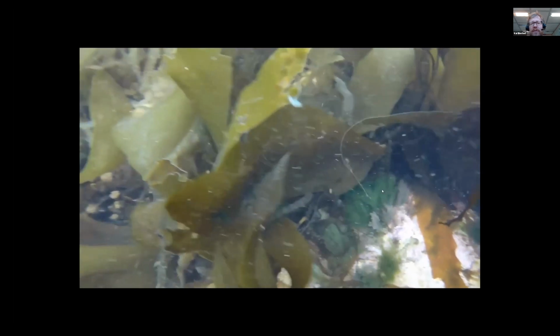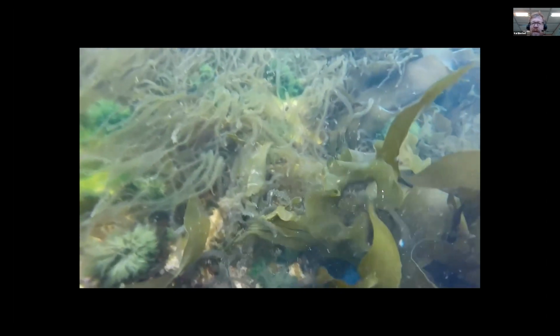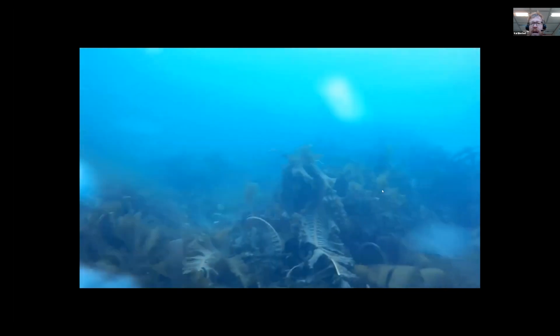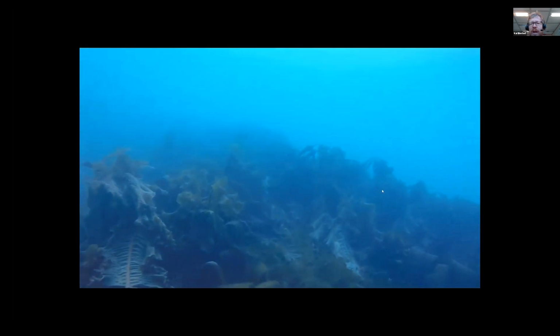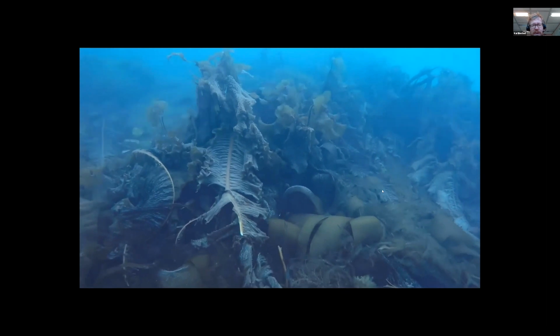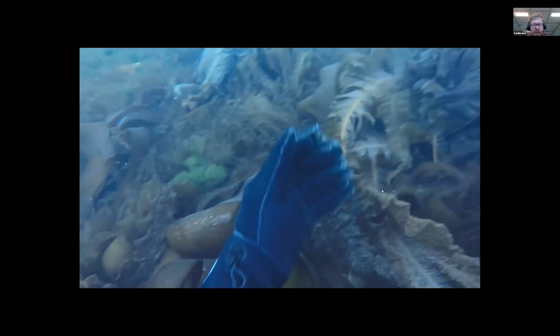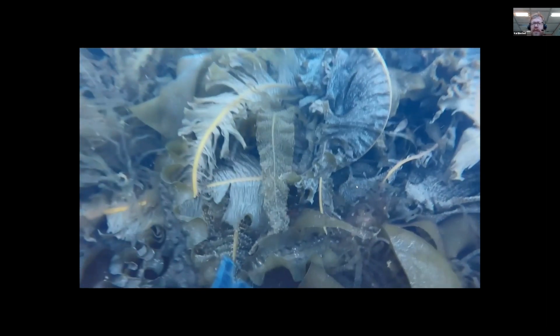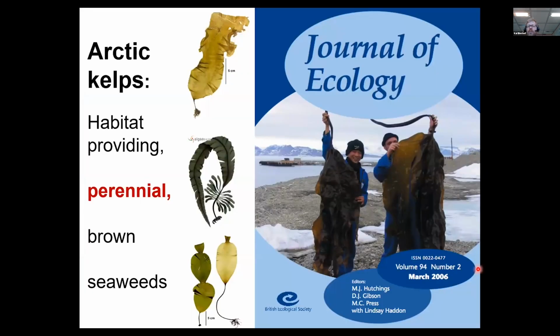The seaweed flora there consists of about 50 to 60 different species of seaweed. And you see that basically large areas of the coastal zone in Kongsfjorden are covered by those.